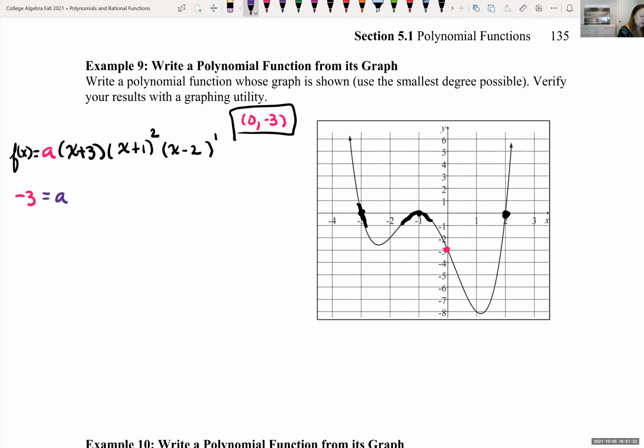All times, well, if I plug in 0 wherever I see an x in here, I get 3 for the first factor. 0 plus 1 is 1, 1 squared is 1, and then 0 minus 2 is -2.